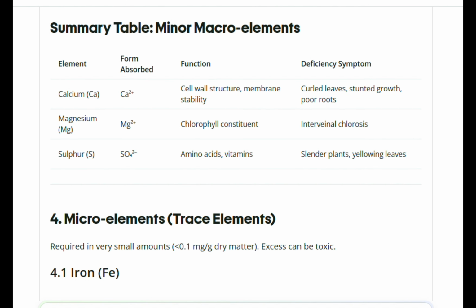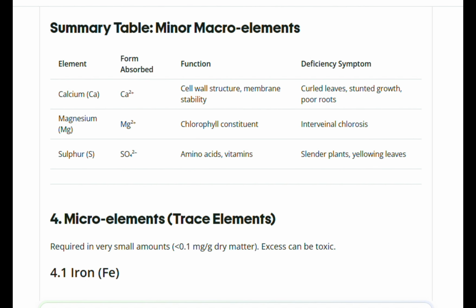Sulfur: SO4 2-; it is a constituent of two amino acids and some vitamins; deficiency symptoms, slender plants and yellowing of leaves.